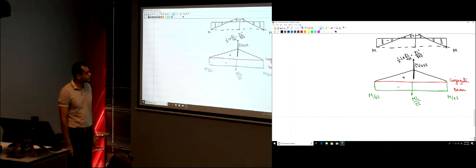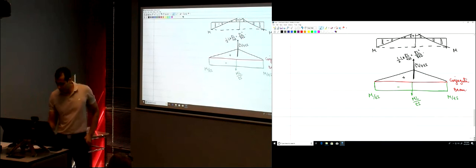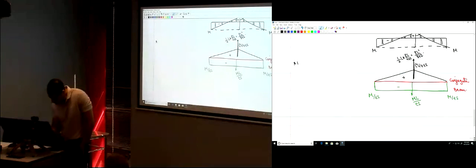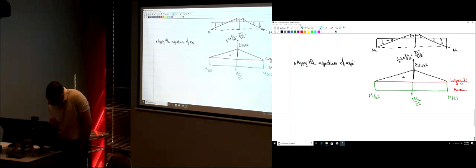Right? Now I'm just going to apply the equations of equilibrium to the conjugate beam.